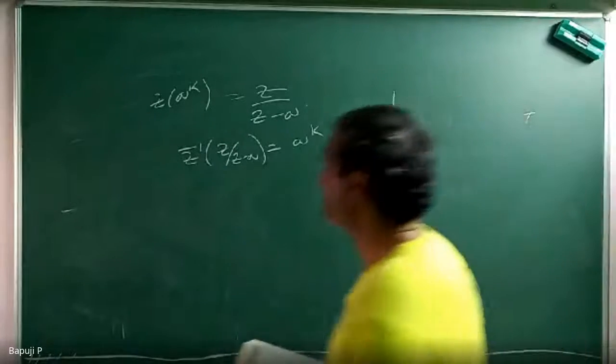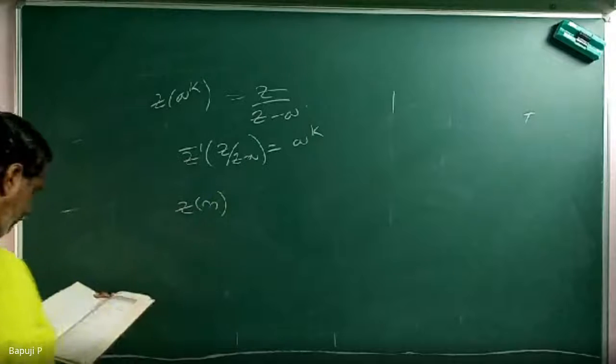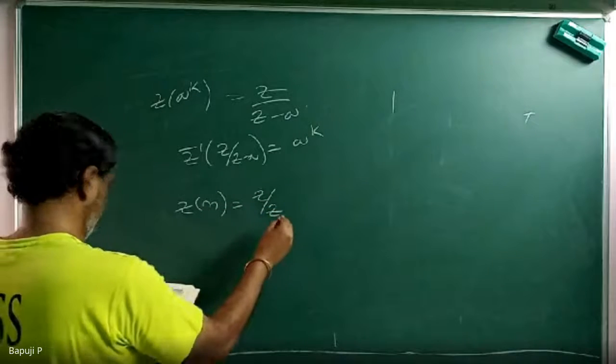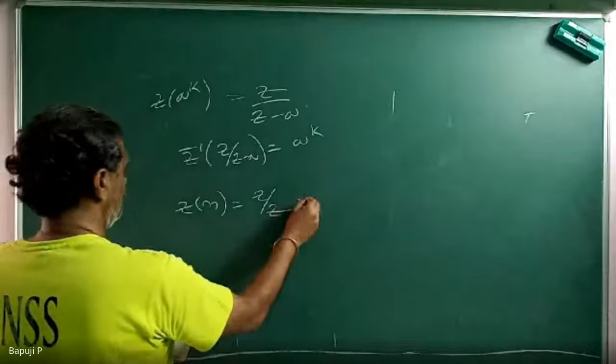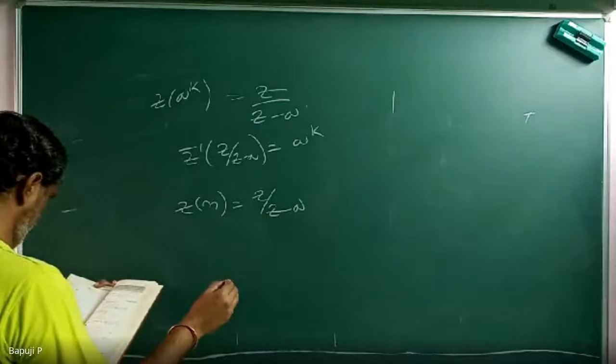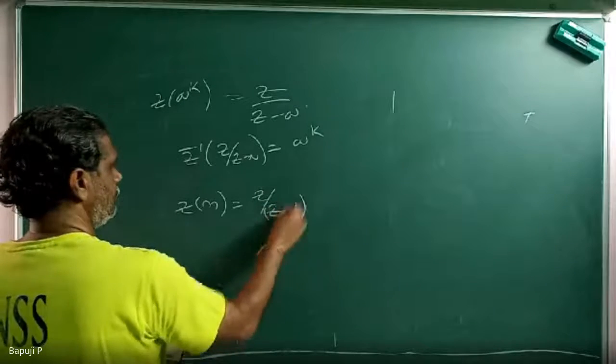Z of n is equal to z by z minus 1 whole square.